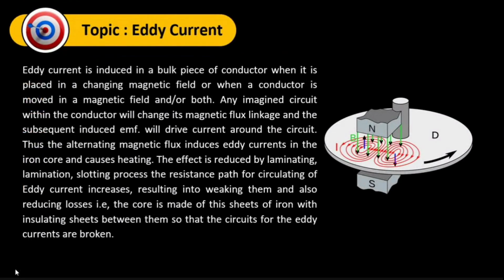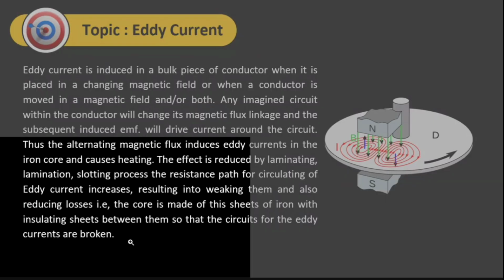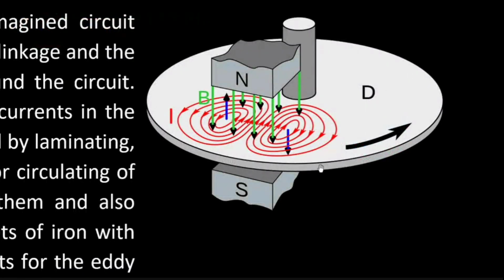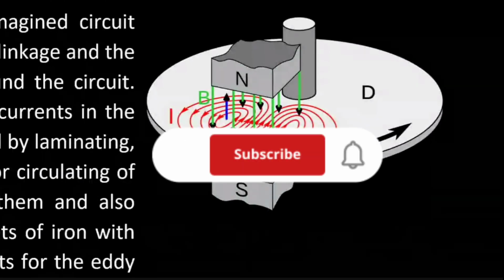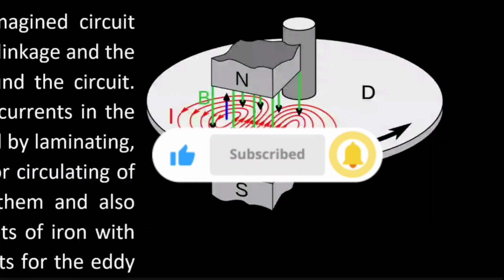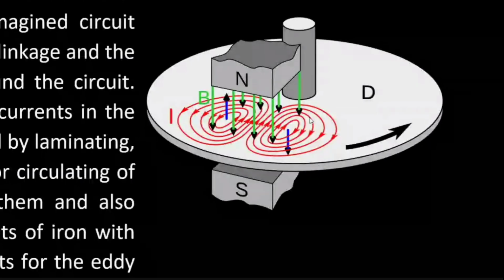Now, the next thing we have is eddy current. Eddy currents are generated on the surface of a conductor automatically due to changing flux. Let us say there are magnets, and these are not permanent magnets, these are temporary magnets, electromagnets. When electricity passes through them, they generate a magnetic field. When electricity doesn't pass through them, they do not generate a magnetic field.